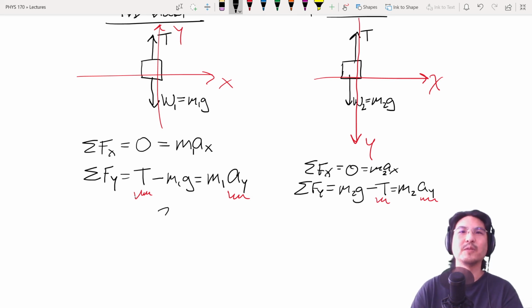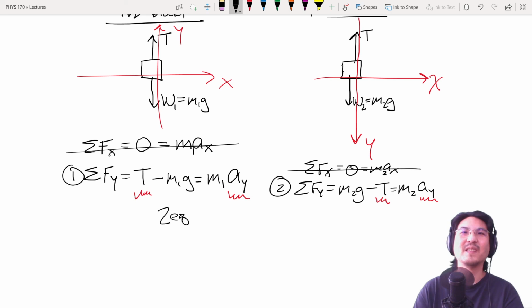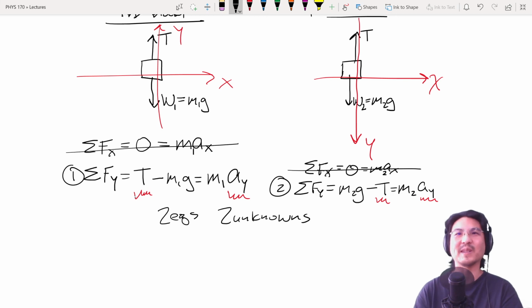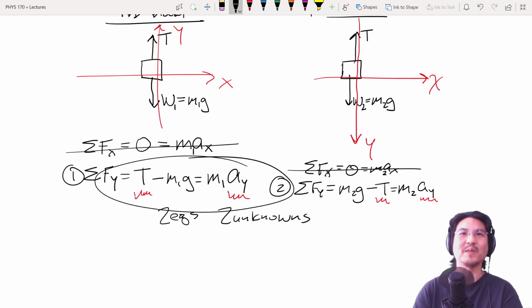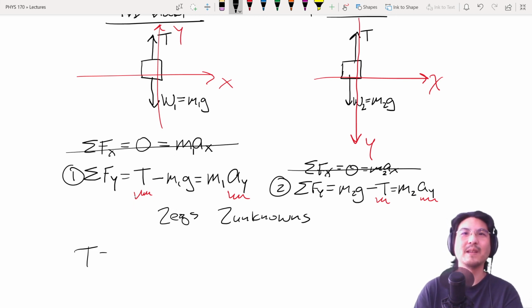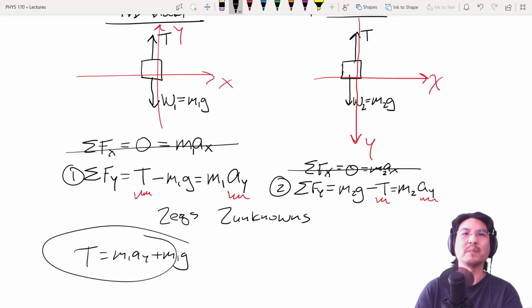Okay, so this is just 0, right? So let's just say we have these two equations and 2 unknowns. So you know how to solve 2 equations for 2 unknowns, right? Just, let's say, solve this for T, and then substitute that there.